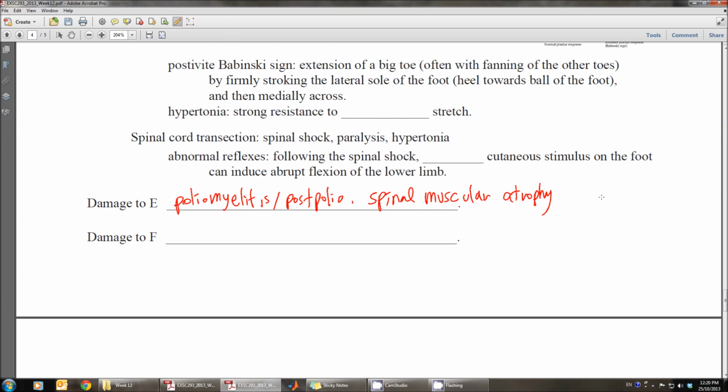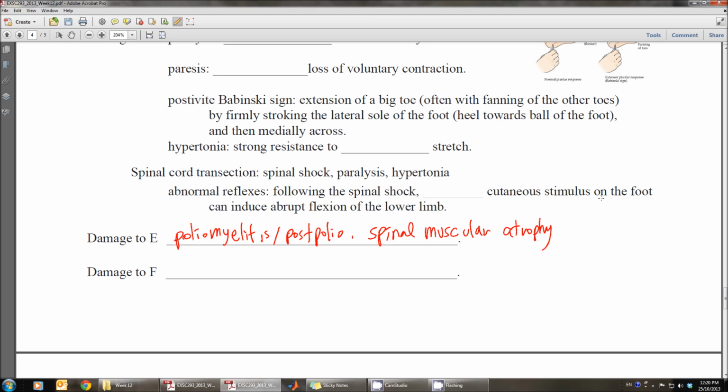The signs and symptoms of this disease are characterized by paralysis, but this case does not involve hypertonia. It's flaccid paralysis.